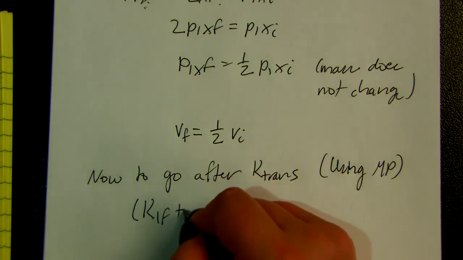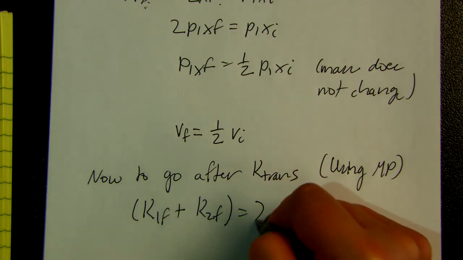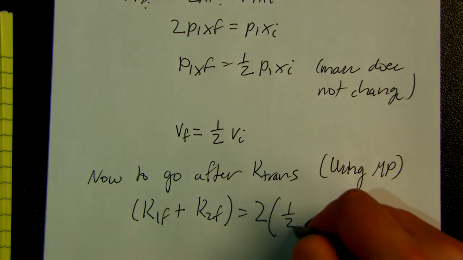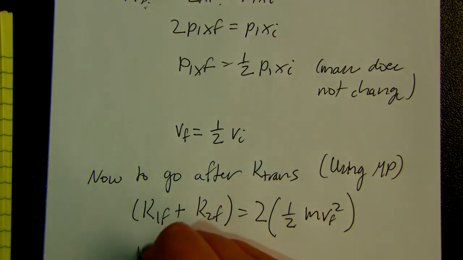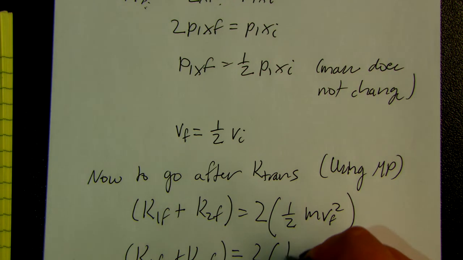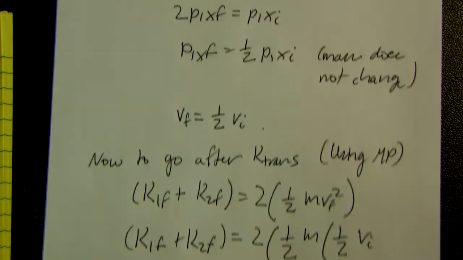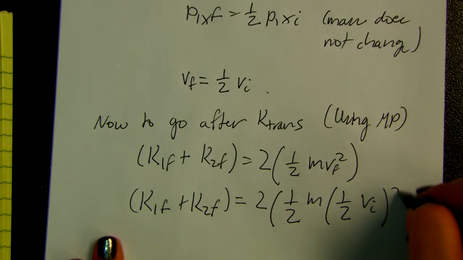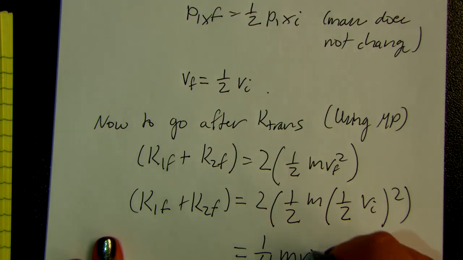K1 final plus K2 final is equal to twice 1/2 m v final squared, which is equal to 2 times 1/2 m times (1/2 v initial) quantity squared, which is equal to 1/4 m v initial squared.